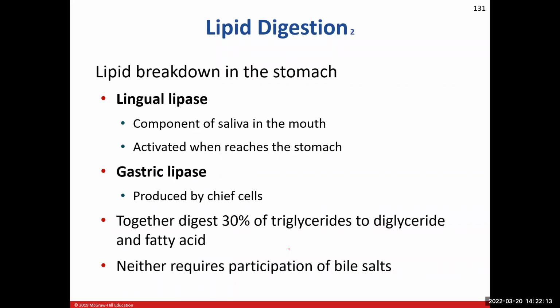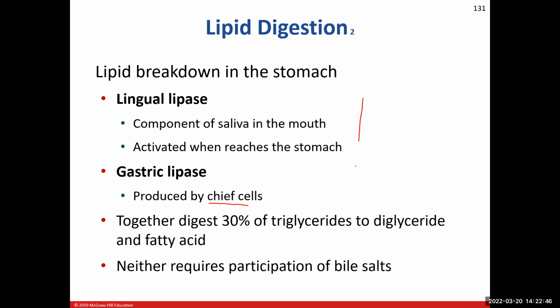So in our mouth, we produce our first enzyme to break down fats, and that's lingual lipase. So it starts off in the mouth there. And so when those lipids reach the stomach, they will then be activated. Our gastric lipase produced by the chief cells here are going to start to break down those triglycerides into what we call a diglyceride.